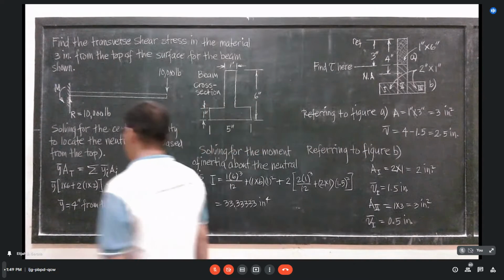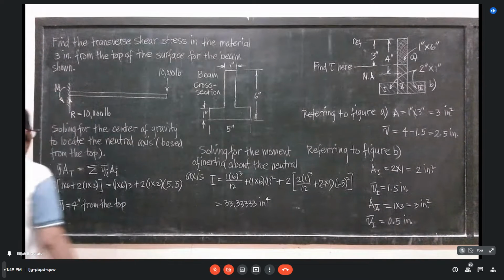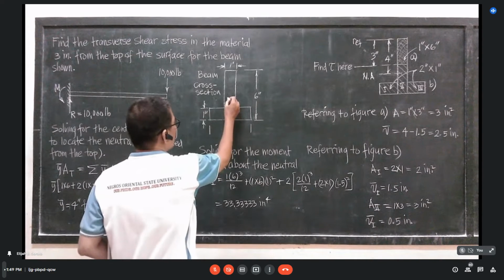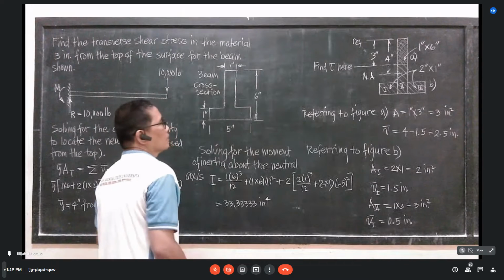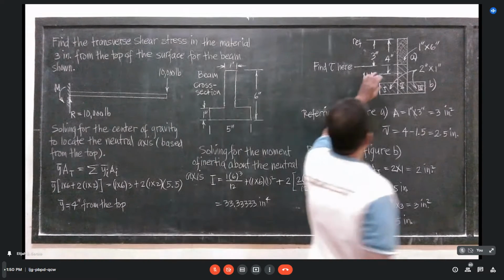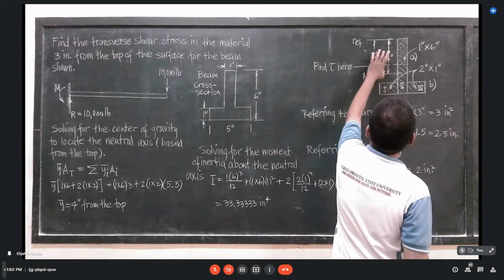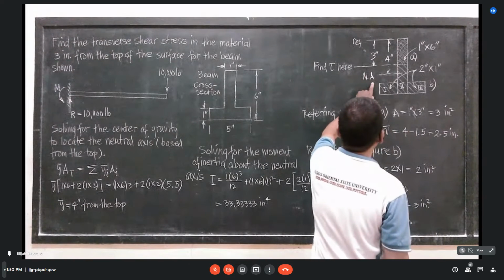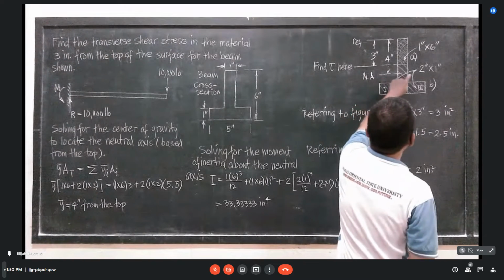Okay, that is how it is done, no? In finding or locating the centroid in the vertical axis. So it is probably here, or here, no? This is your centroid. And that is the location of your neutral axis.